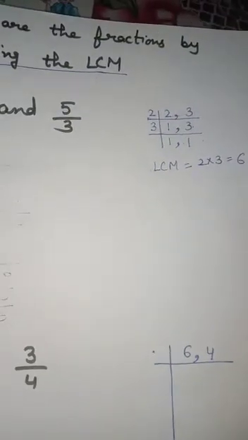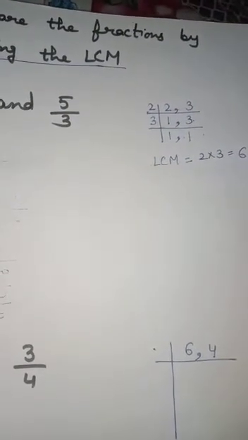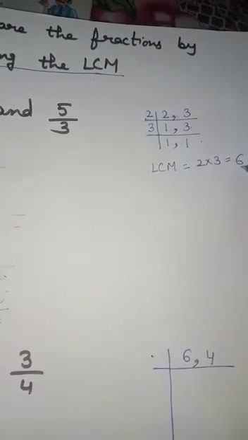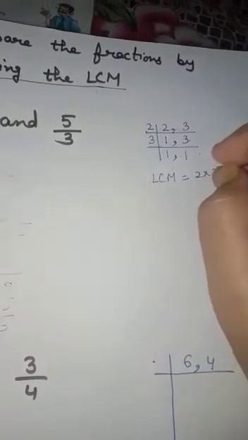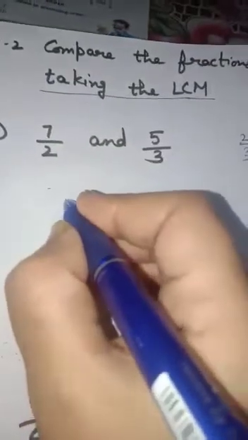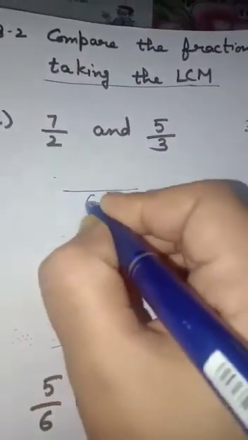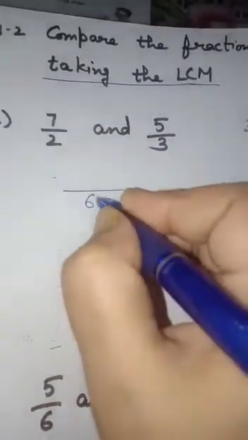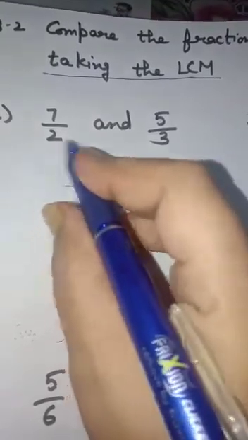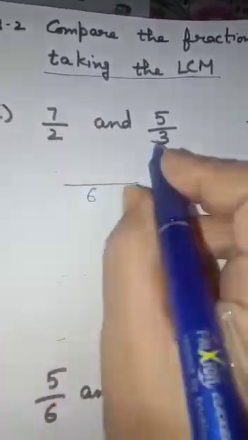Okay, we can find the LCM by any other method also. The answer will be the same. After finding the LCM, what do we have to do? Write a collective denominator, 6. Then 6 will be divided by each of the denominators one by one.